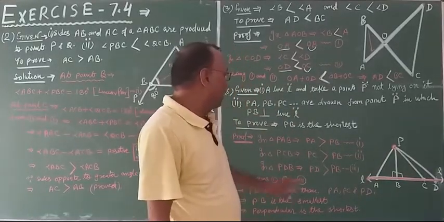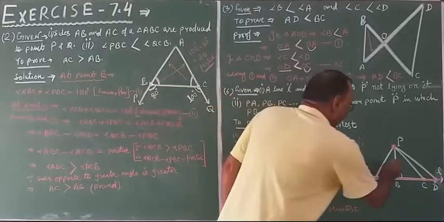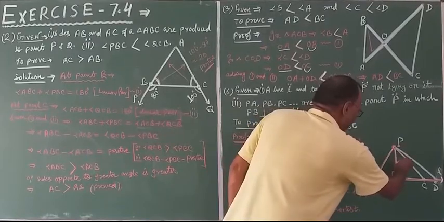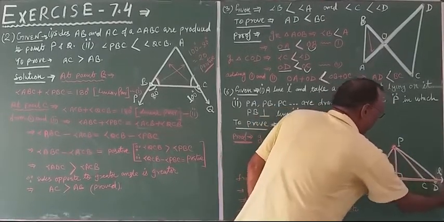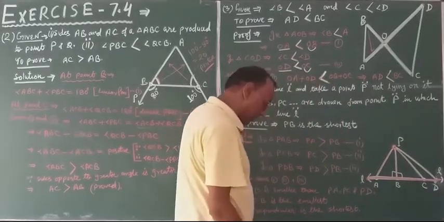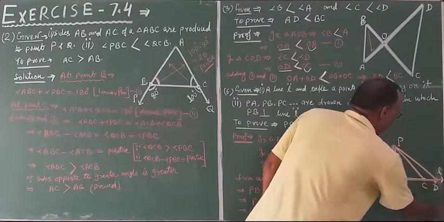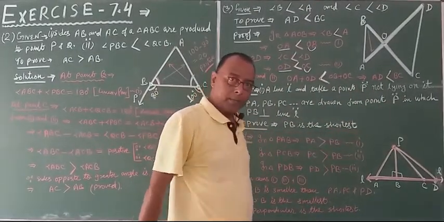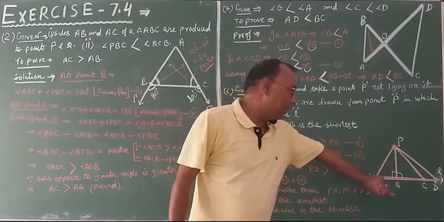Now, the line segments are drawn from point P, this one: PA, PB, PC, PD, etc. These are the line segments drawn from point P on line L. And out of these line segments, PB is the perpendicular.